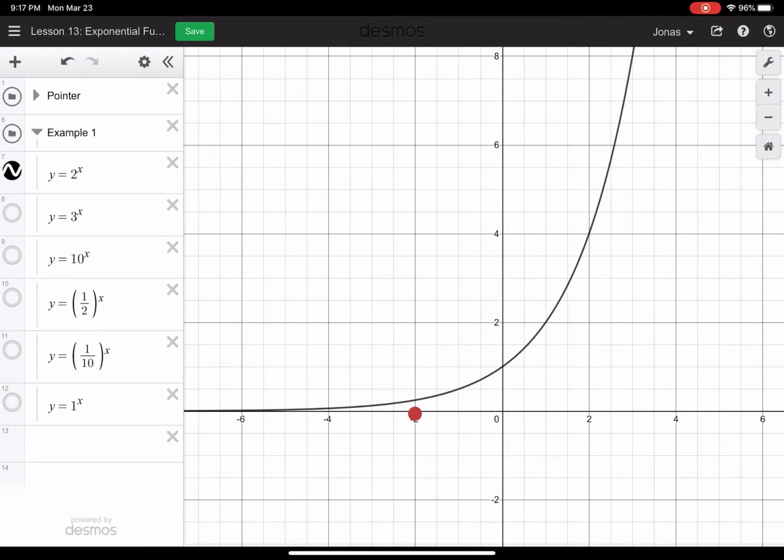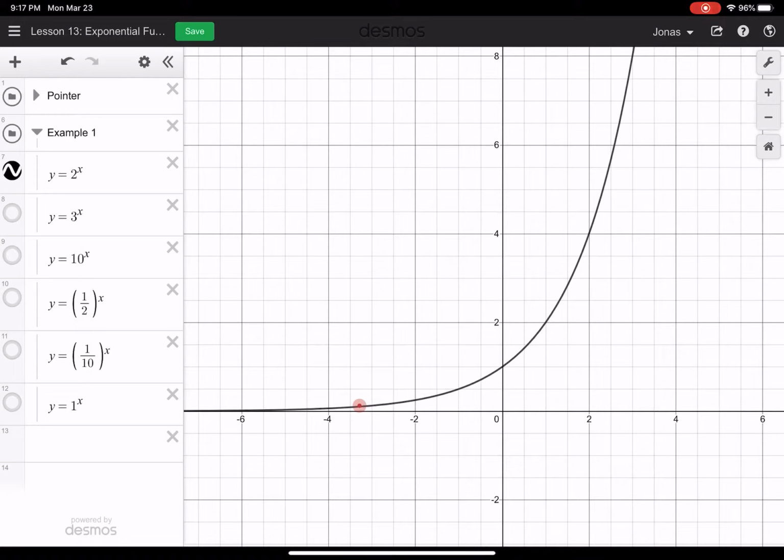That's why we see for x equal negative 2, we get a y that is a little bit above the x-axis. It's a little bit positive, but not very far above. And as we make that power bigger in the negative direction down here, what happens is that we get 1 over a larger and larger number, which means that we're going to get closer and closer to the x-axis. Okay, that is 2 to the x.